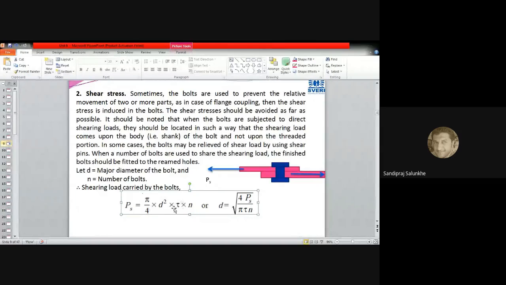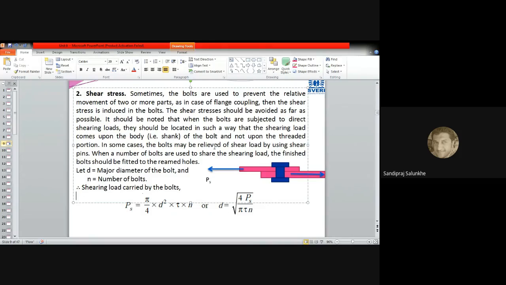And if tau is the permissible shear stress in the material from which the bolt is manufactured, this equation can be converted for the calculation of the diameter of that bolt. So d is equal to under root 4 PS, that is shear force, divided by pi tau N, where tau is the allowable shear stress, N is the number of bolts which are used, pi is a constant, and PS is the applied shear load.